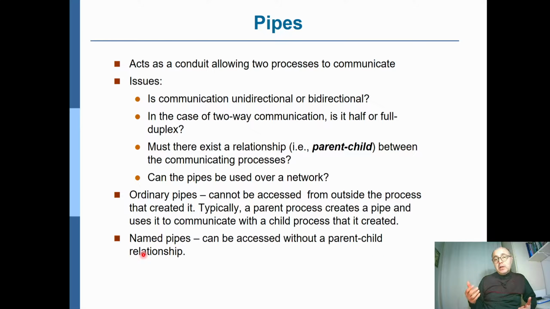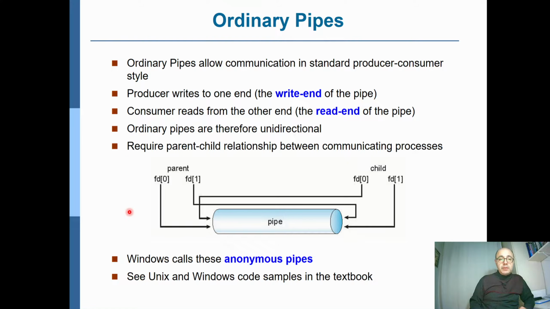Like if the server belongs to me, the client belongs to you, but you're not allowed to write to that pipe, then you cannot use it. But if I allow you to write to that pipe, and you know the name of the pipe, where it is, then you can directly use it. We don't need a parent-child relationship between your process and my process. In the case of ordinary pipes, as we will see now, that's a requirement. So let's start with the ordinary pipes.